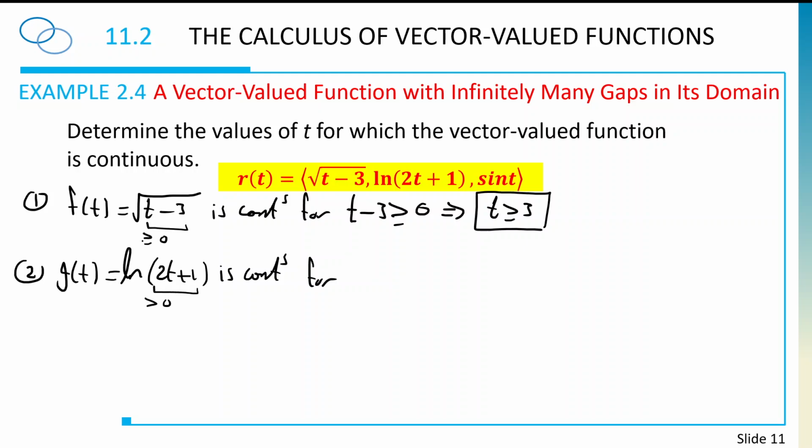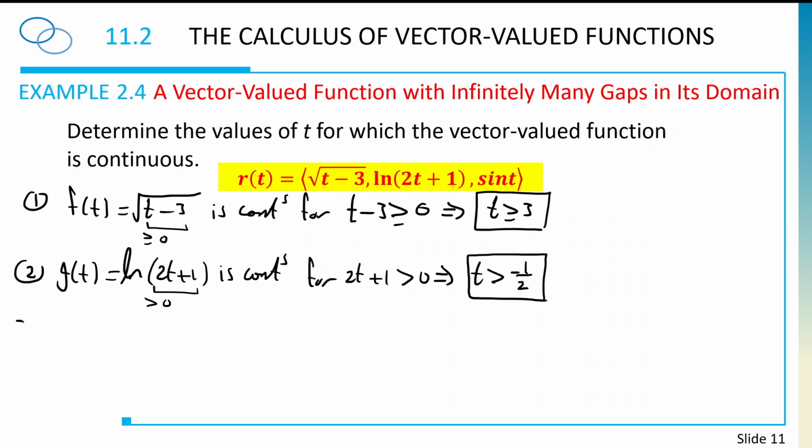You see the difference? With the radical, there's a possibility for equality. With the ln, no. So this is for 2t plus 1 greater than 0, which means that t is greater than negative 1 over 2. This is the second domain.